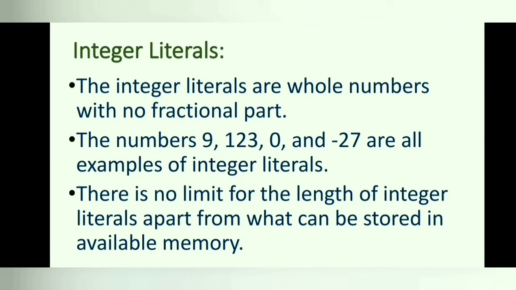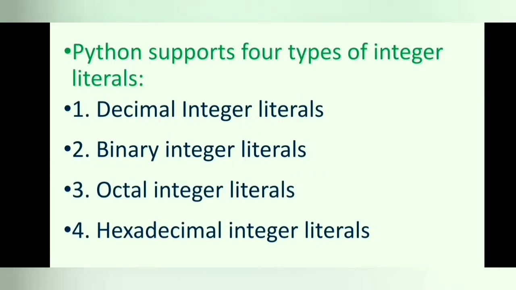There is no limit for the length of integer literals apart from what can be stored in available memory. Python supports 4 types of integer literals: decimal integer literals, binary integer literals, octal integer literals and hexadecimal integer literals.